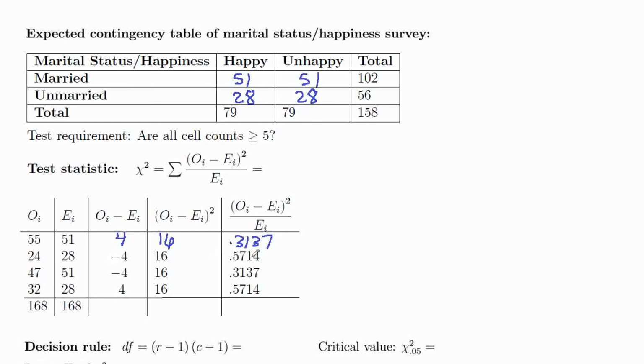And I went ahead and filled in the other 3 rows of the table for you. Now if you tally up these totals here, observed minus expected totals to 0, that should always happen. And that's why we square things, because if this square was not there, then our chi-squared would just be 0. So 4 times 16, that is 64. And then if you sum up these, you get approximately 1.77. So that is our test statistic.